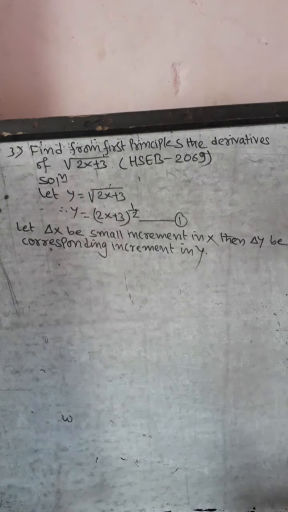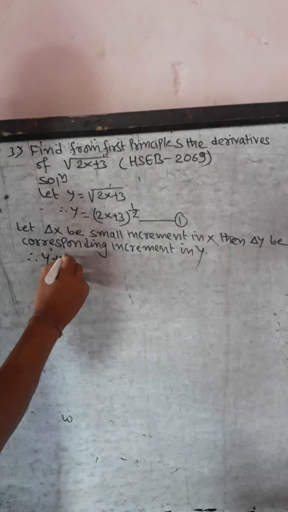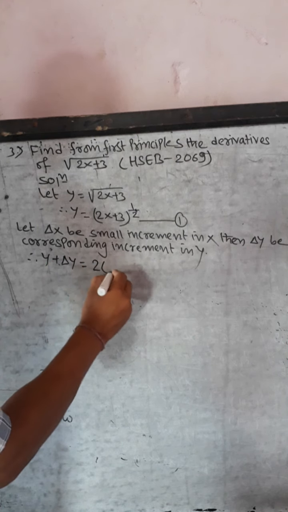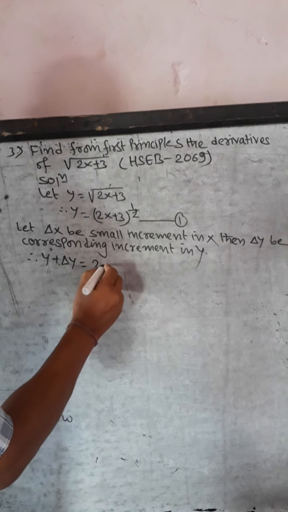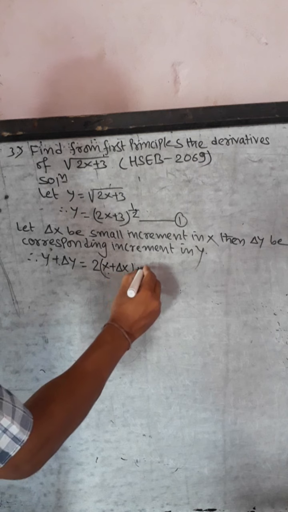Now let's find out the y plus del y. So therefore y plus del y is equal to 2 into x plus del x plus 3.